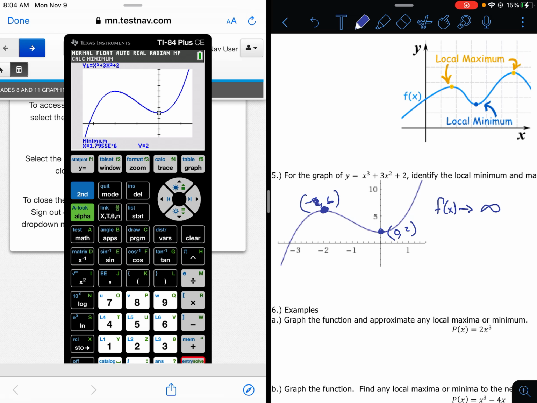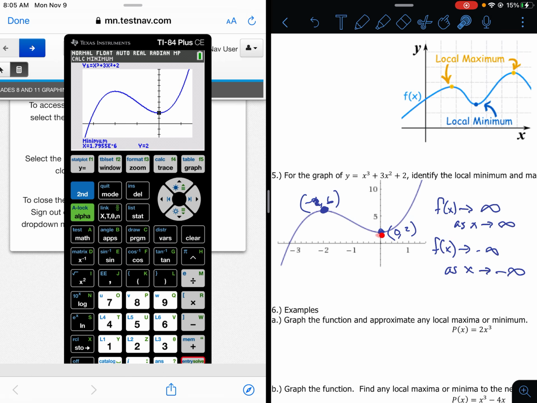Since it's going up, we go to positive infinity as x approaches infinity as well. And then on the other side, now we're looking at this side here. This side's going down. So we'd write f of x approaches negative infinity as x approaches negative infinity as well.